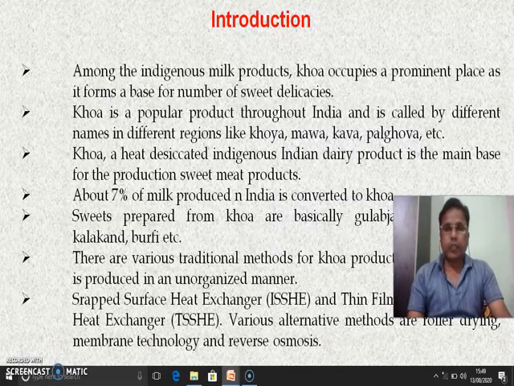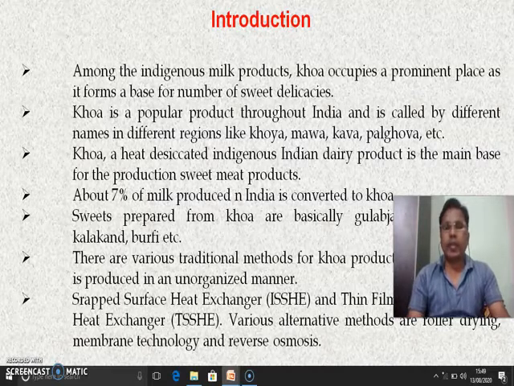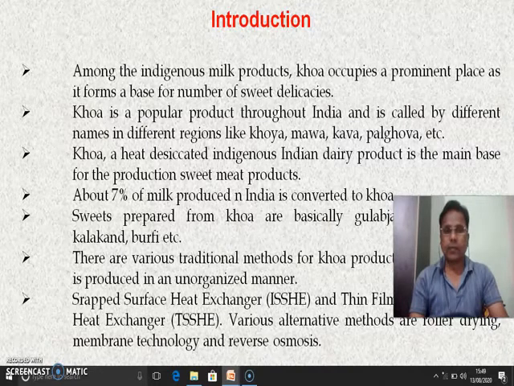So, as I told you earlier, Khoa is the indigenous product, and it occupies a prominent place, and it forms the base for a number of sweet delicacies. Khoa in some parts of India is also called Khoya, Mawa, Kawa, or Palkhova.